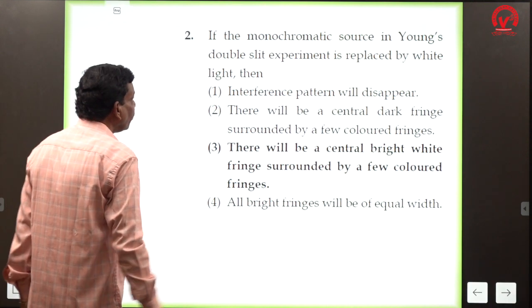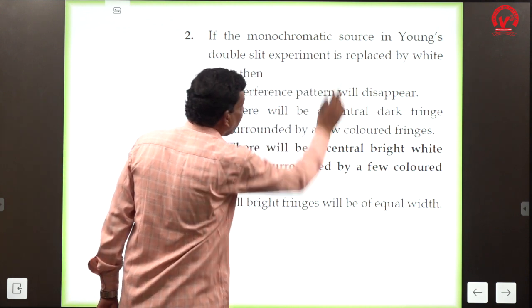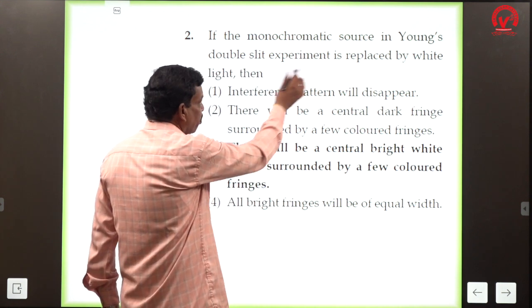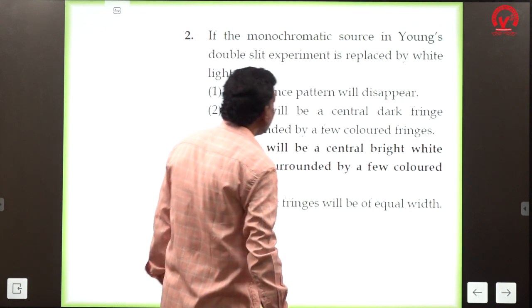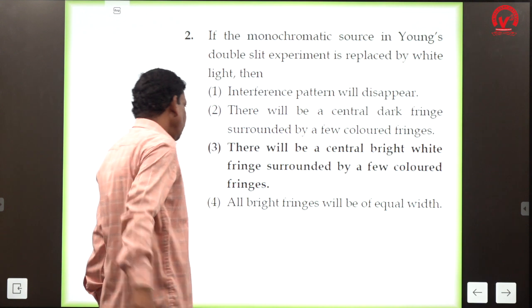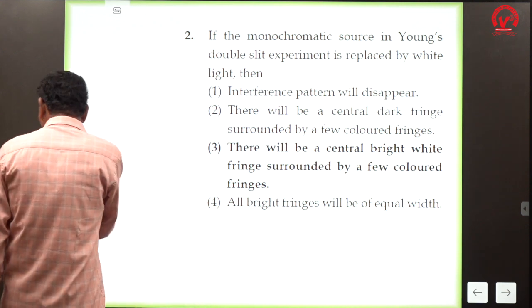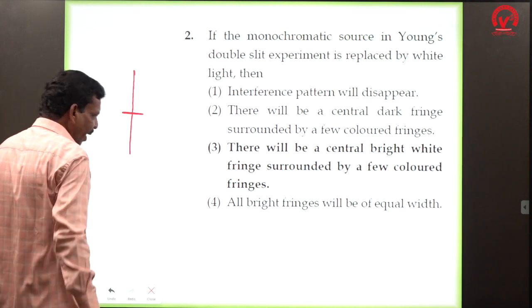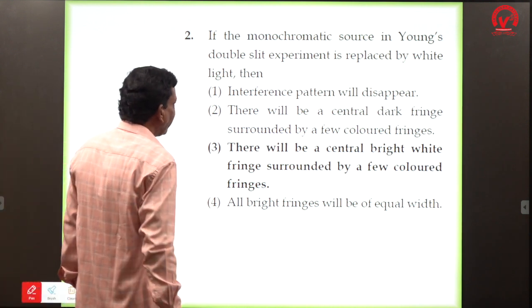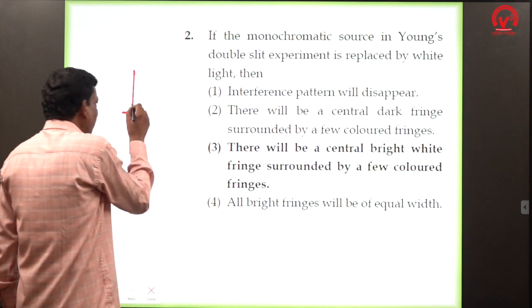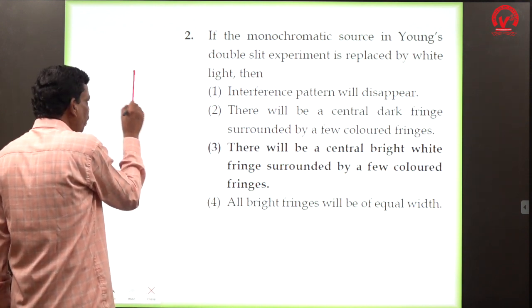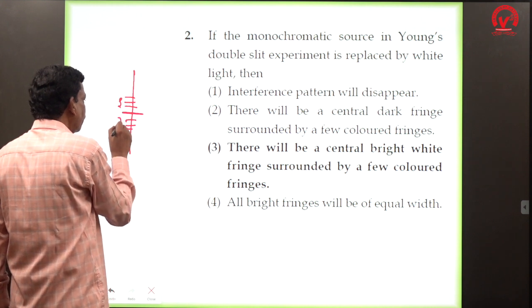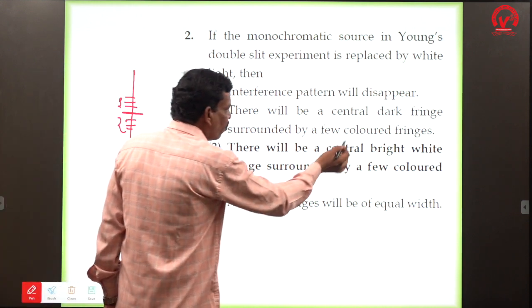second question. If the monochromatic source in Young's double slit experiment is replaced by white light, then whatever we have, it is the central maxima and it is white light. Surrounding this, a few colored fringes can be formed.